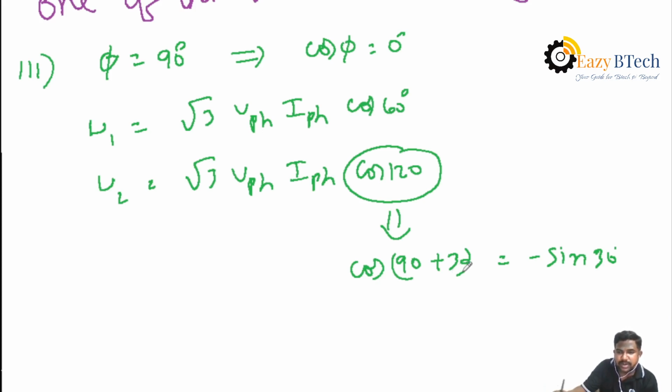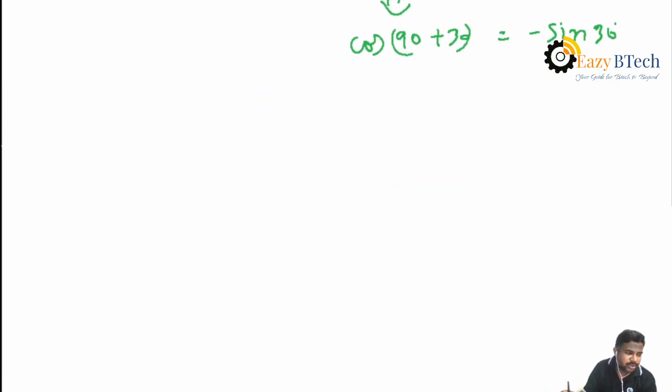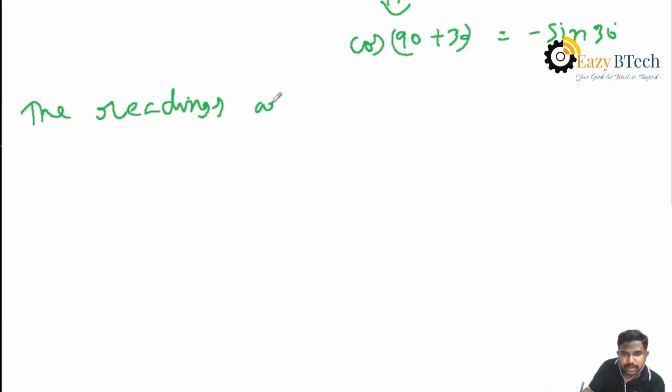Then what is the meaning here? The W2 reading is negative. That means both values are equal, since cos 60 and sin 30 are equal, but the readings are opposite.